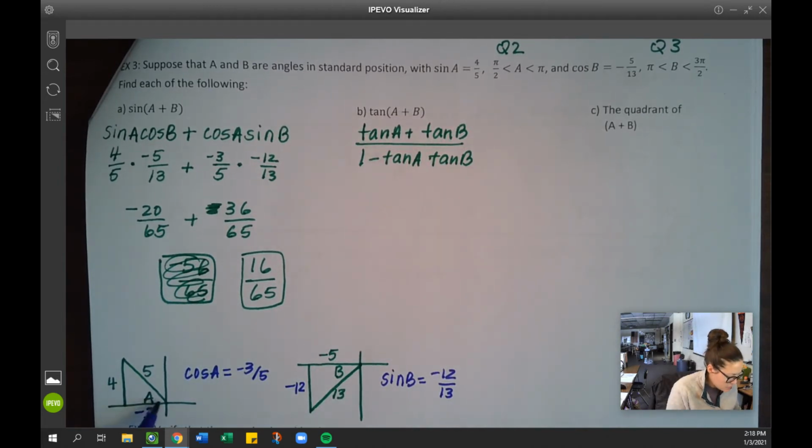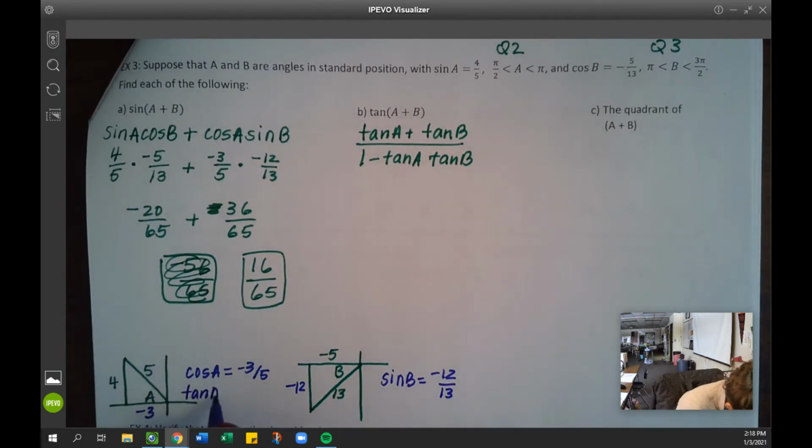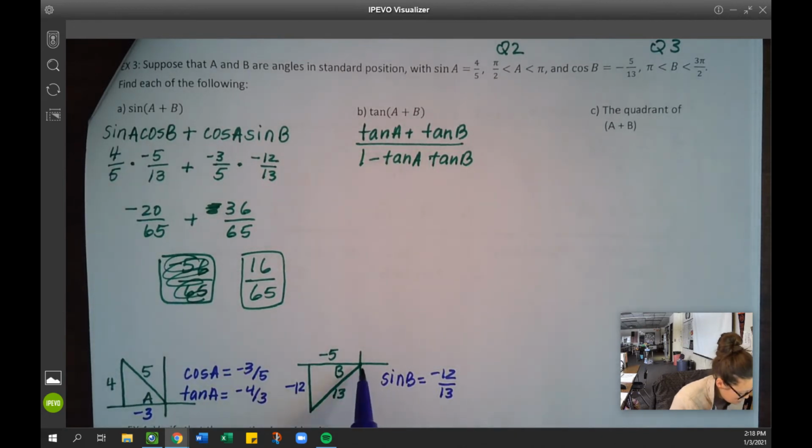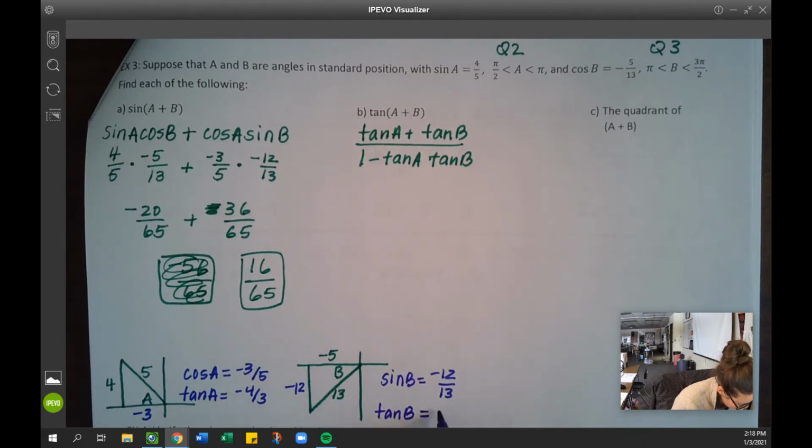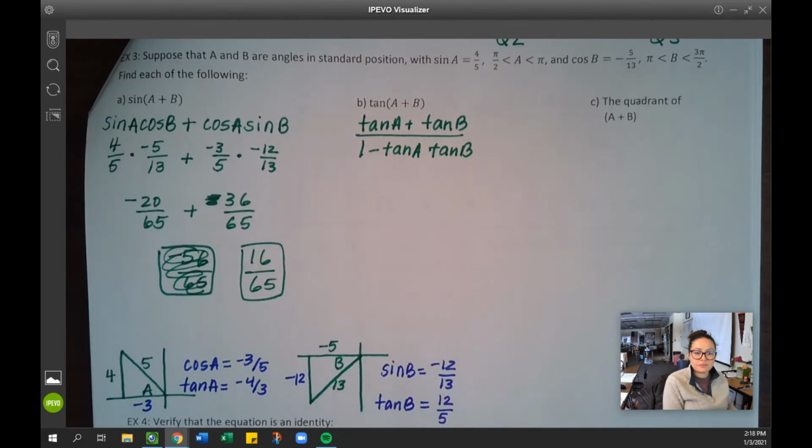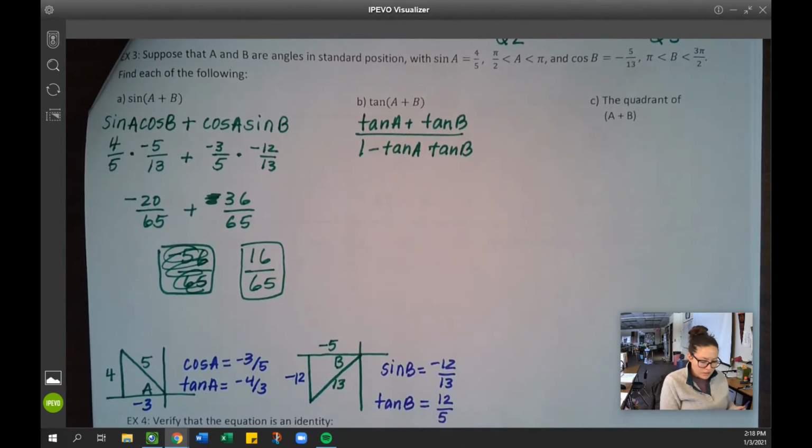So tangent A is going to be -4/3. Tangent B, again, opposite over adjacent. A negative over a negative gives me positive 12/5. Okay, now I have what I need.